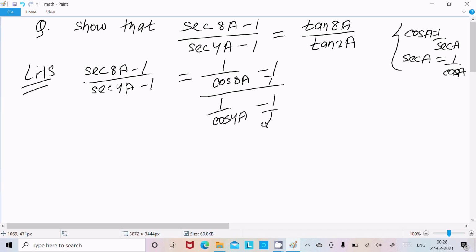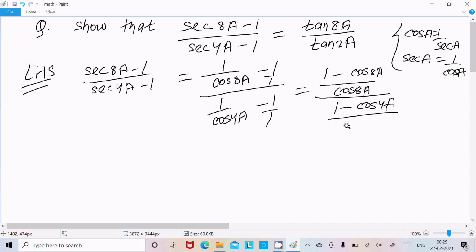If I take the LCM, cos 8A is the LCM here, so if we solve, we get (1 minus cos 8A) by cos 8A, and here (1 minus cos 4A) divided by cos 4A.